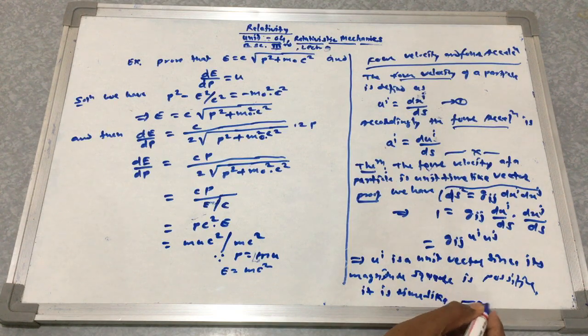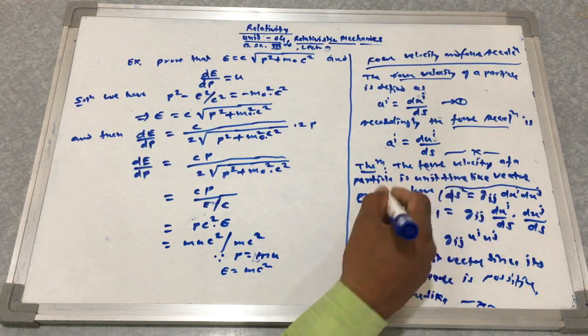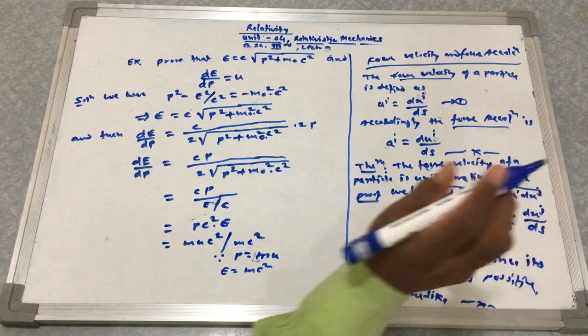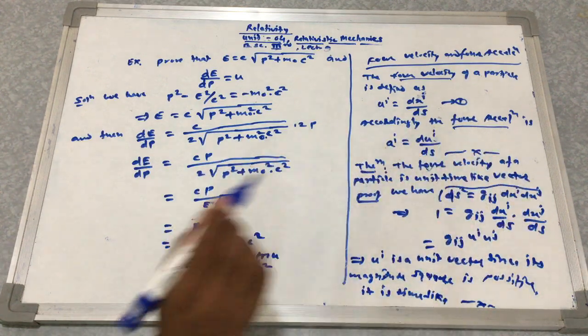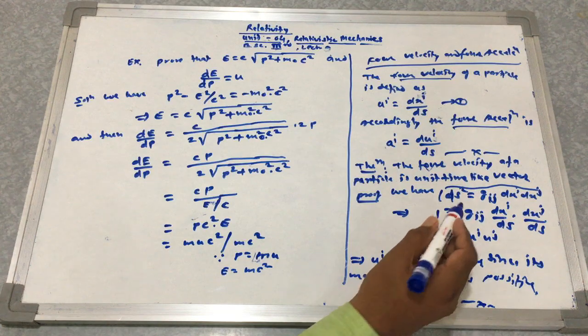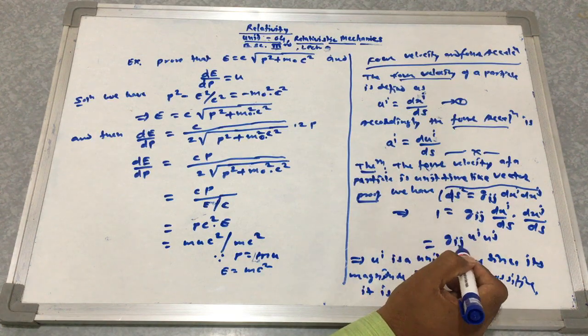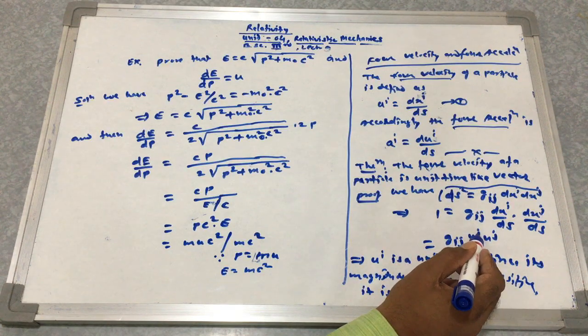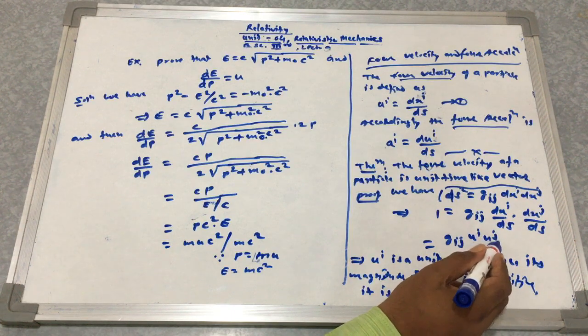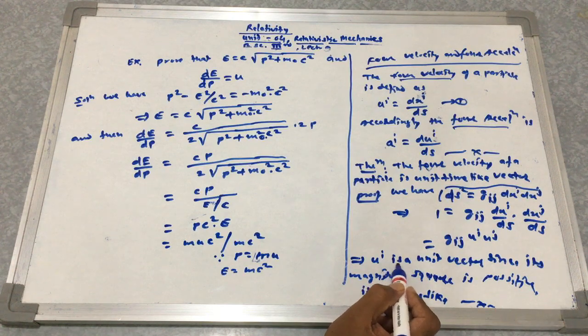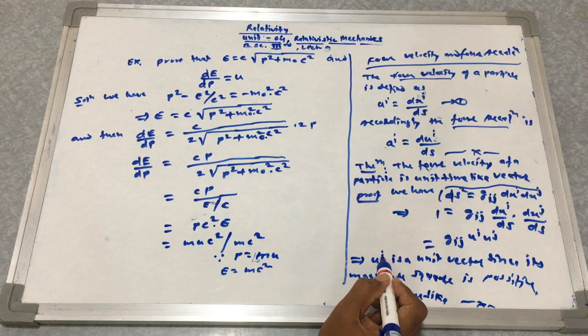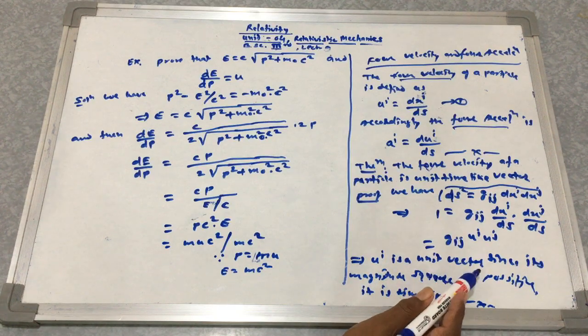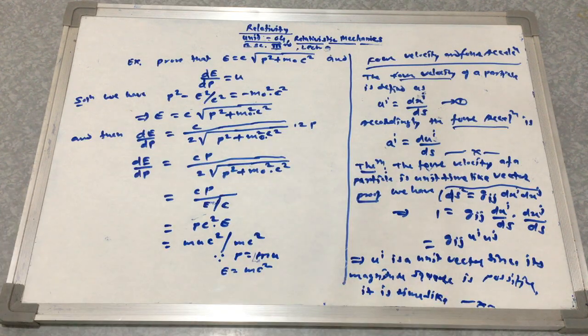So this is the theorem: the four velocity of a particle is a time-like vector. So we have ds square is equal to g_ij u^i u^j. Then u^i is a unit vector since its magnitude square is positive, it is time-like.